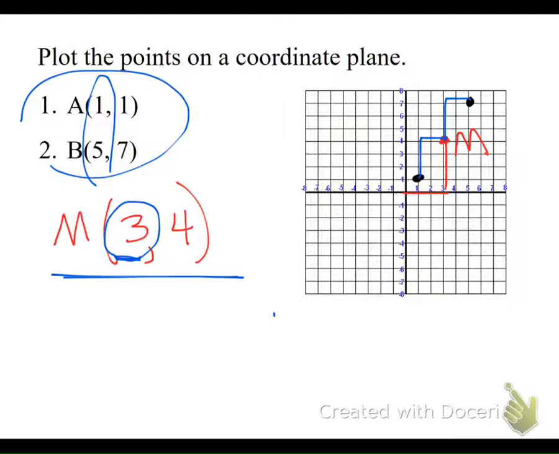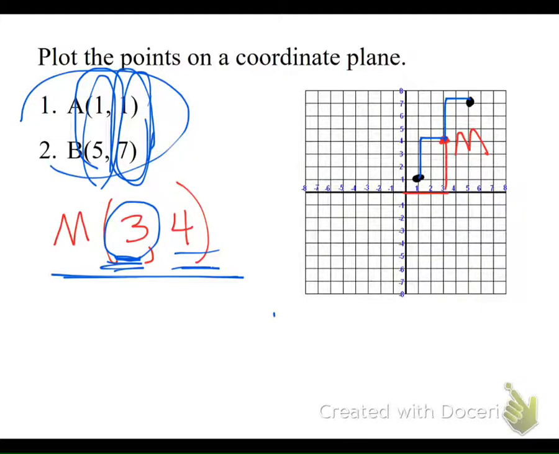Yup. Separately, do the y's. Add them up, divide by 2. 1 plus 7 is 8. Divide by 2, you get 4. The midpoint is literally the average of the x's to get the point in the middle of your x coordinates and the average of the y's to get the point in the middle of your y coordinates.